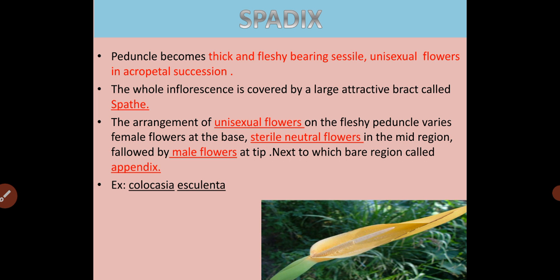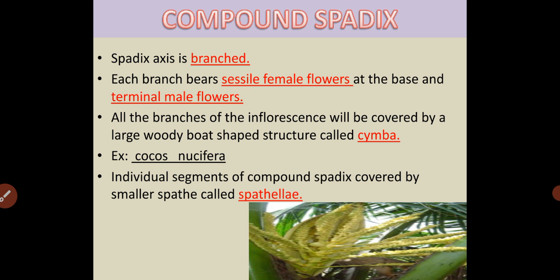The arrangement of unisexual flowers on the peduncle varies. That is, female flowers are present at the base, followed by sterile neutral flowers, next to which the male flowers are present, and at the tip a bare sterile region is present, and it is called the appendix. Example, Colocasia esculenta.